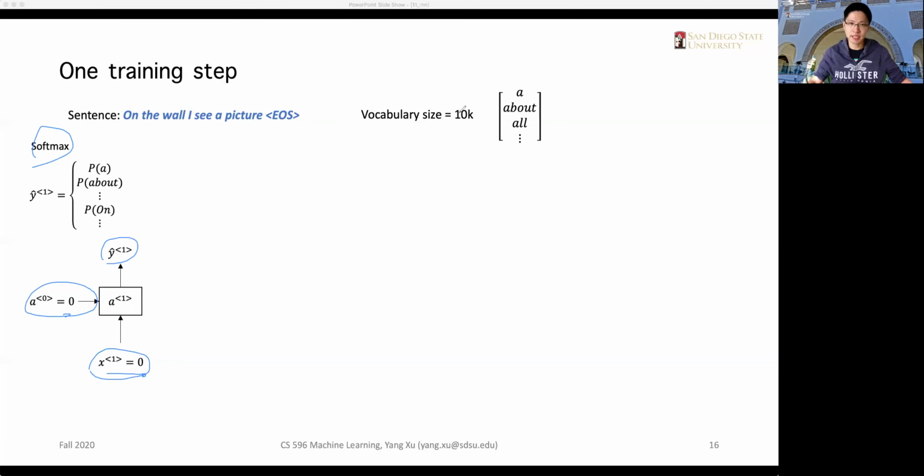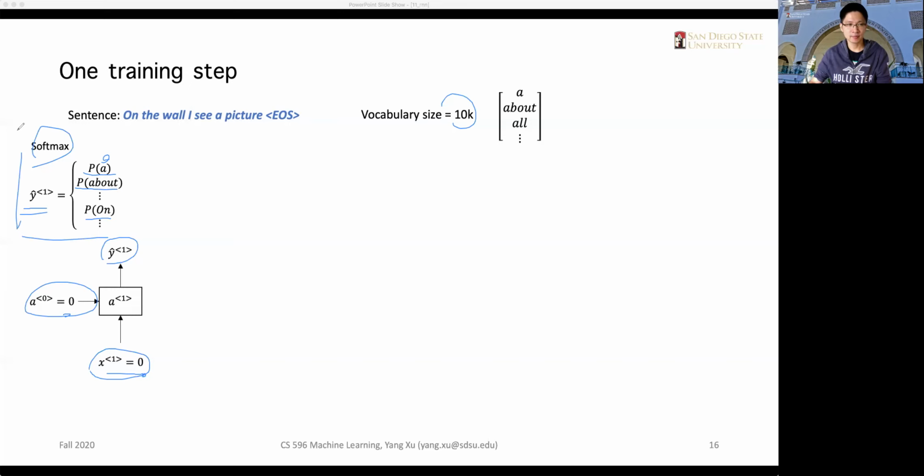Because the vocabulary size is 10K, the output y hat 1 is also a vector of 10K elements, and each element indicates the probability of what the first word is. So the probability of being a, being about, or being on are all listed here. So this is the prediction of the model.